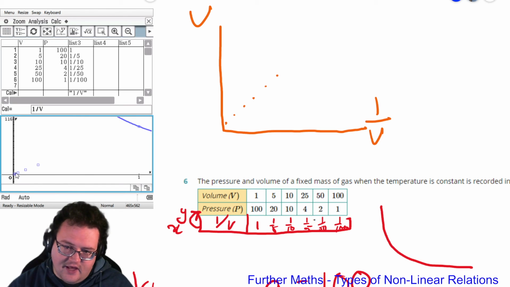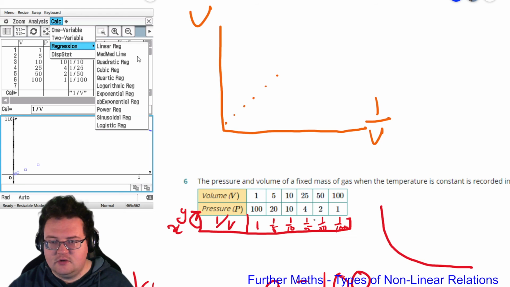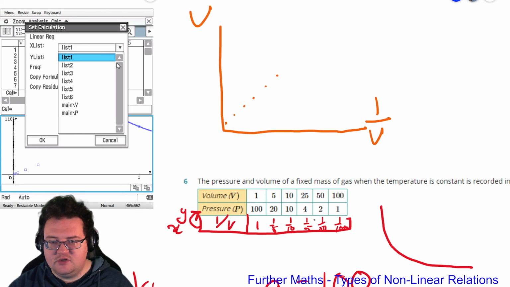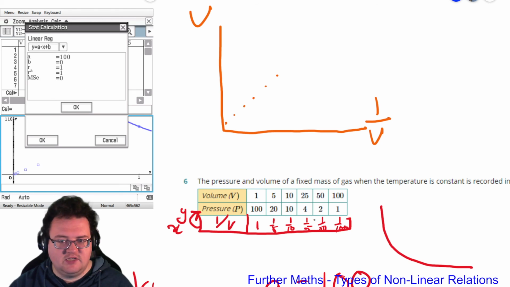And as you can see there, dot, dot, dot, and dot. They are in a straight line. Because if I was to do a linear regression between list 3 and P, it comes out as a 1-to-1 relationship. It's a perfect fit.